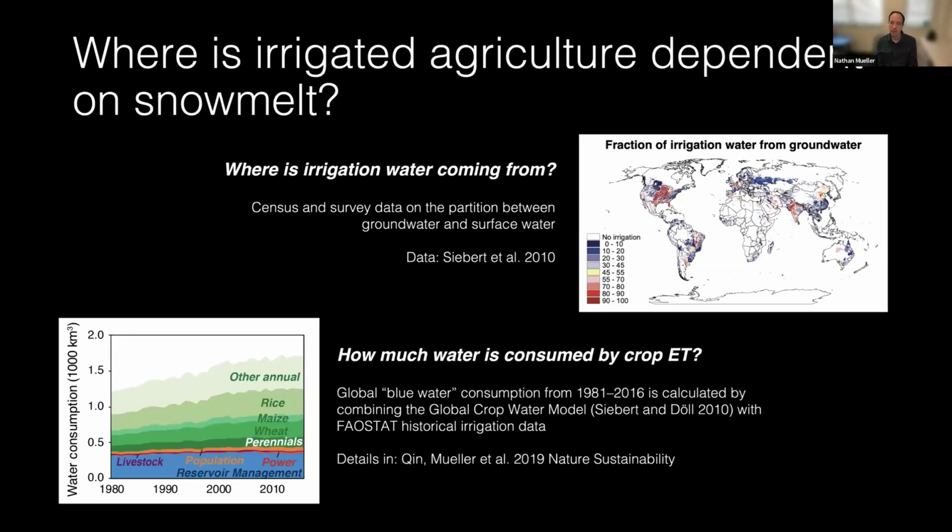And then we have to ask how much water is consumed by crop evapotranspiration. And so here we also used the Siebert et al. product, and then we modified it over time to account for changes in irrigated area. And so you can see the simulated increases in water consumption over that time.